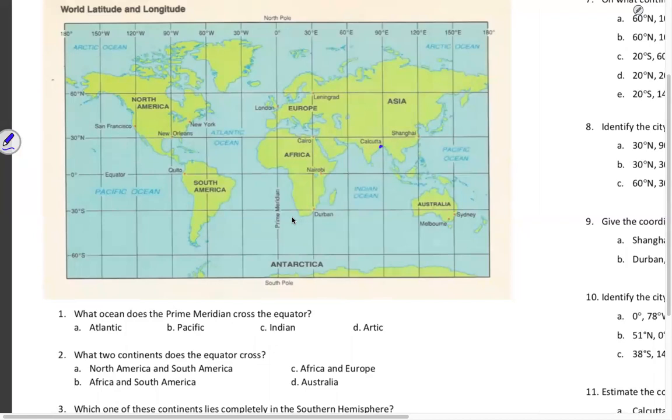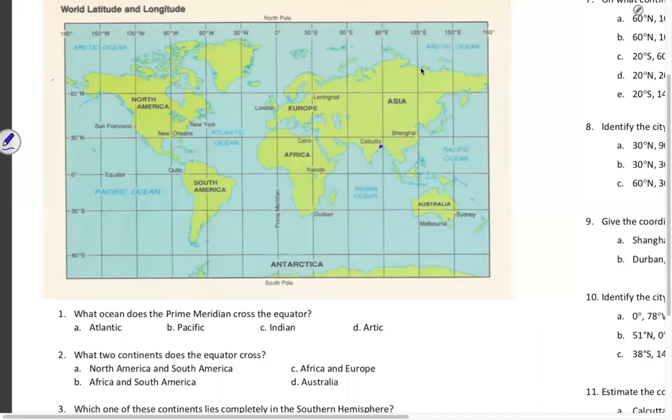That's looking more like 25 degrees to me. It's right below 30, but it's kind of a big gap. If you said 28, that's fine. And 88 east I'm cool with. So for Calcutta, 25 degrees north.